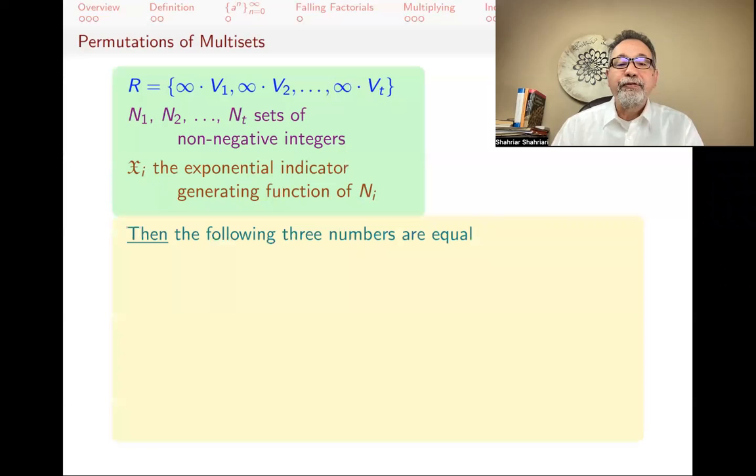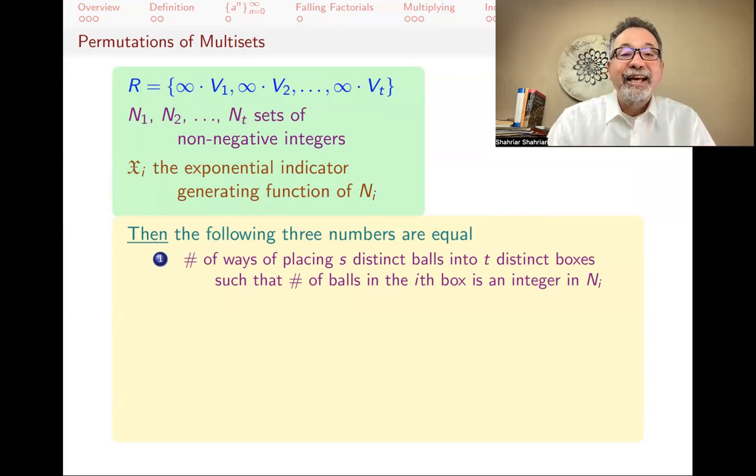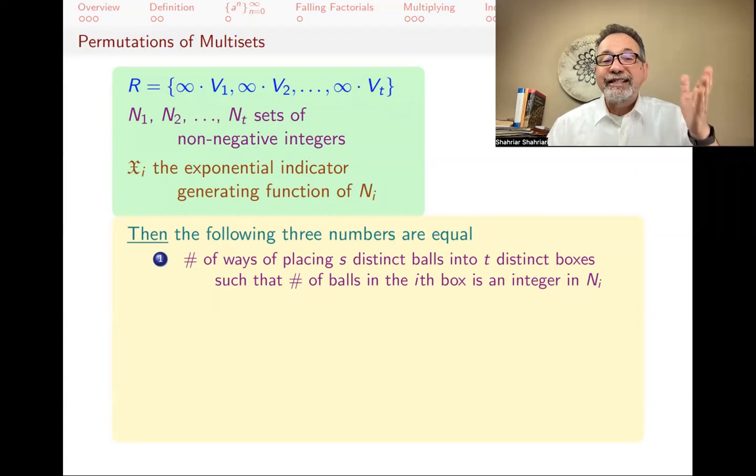So now, the following three numbers are equal. Some of this we've seen before. The last thing I'm going to say we have not seen before. So the number of ways of placing s distinct balls into t distinct boxes, such that the number of balls in the ith box is an integer in the set ni. Again, go back to the guiding example. Those sets n1 through nt, one of them could be even integers, another one could be between 1 and 8, another one could be all positive integers, and so forth.